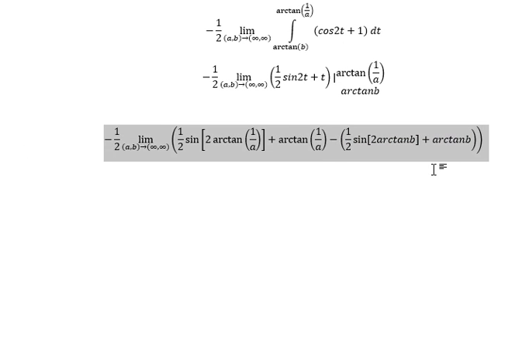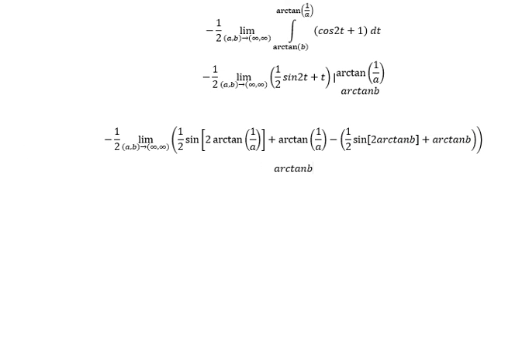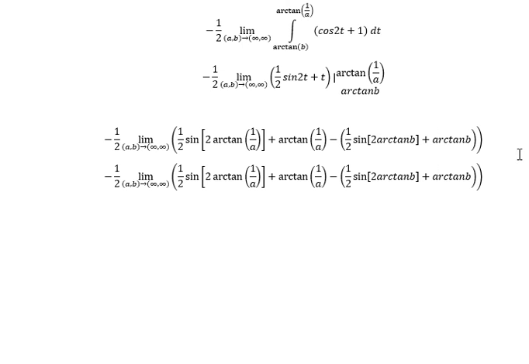Next, when a approaches positive infinity, 1 divided by positive infinity, you get 0. About arctan of positive infinity, we have pi over 2. And now we have the final answer.